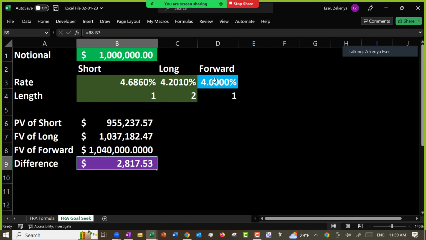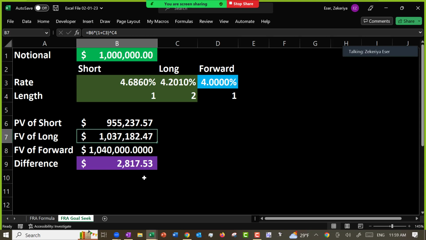And the proper forward rate is the rate that makes that difference 0. Because this is how much you pay at the end of the whole thing, the long period, if you borrowed $1 million starting at the end of the short period.